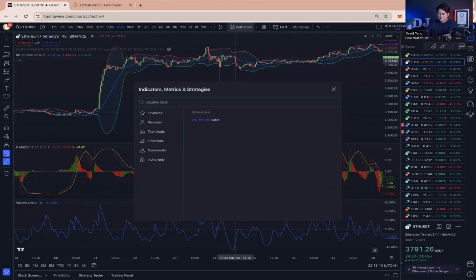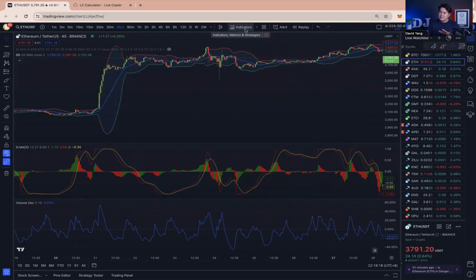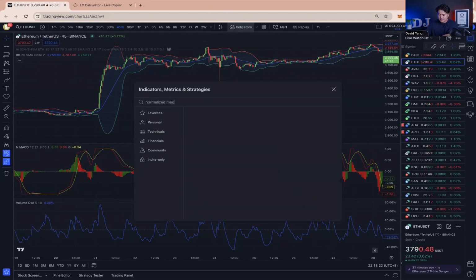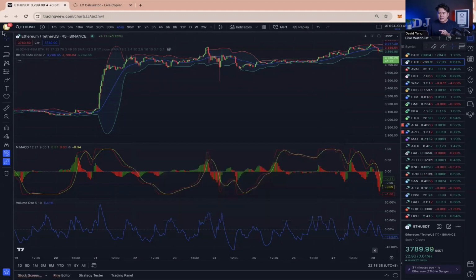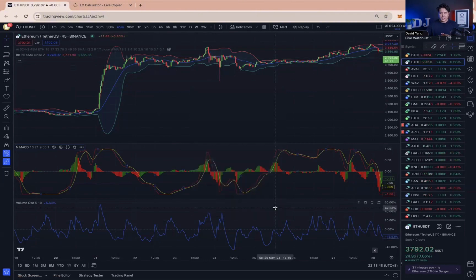And the last indicator I'm using is called the normalized MACD. Normalized MACD is by Glaz, and this is a bit faster than the actual MACD, so I'm using this one. The last two indicators I'm using are at default settings. Only this one, normalized MACD, is the one where I'm changing the setting: the fast MA, I'm changing to 13. That's all.